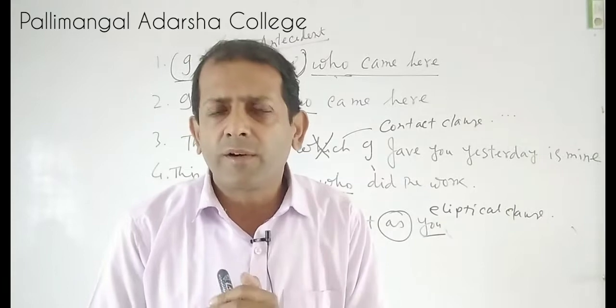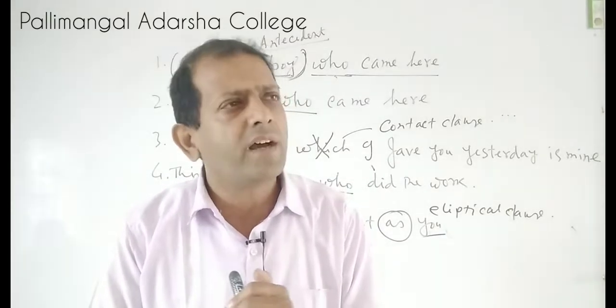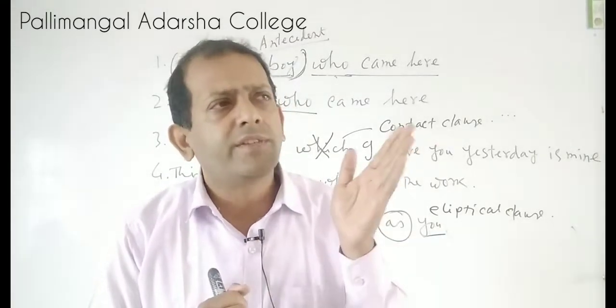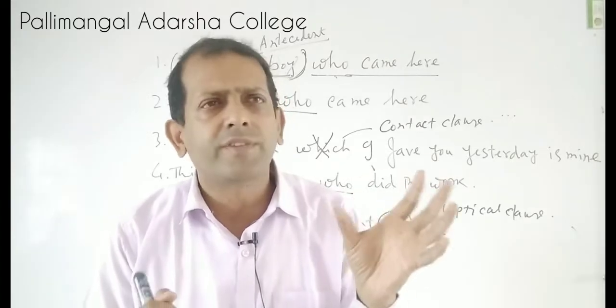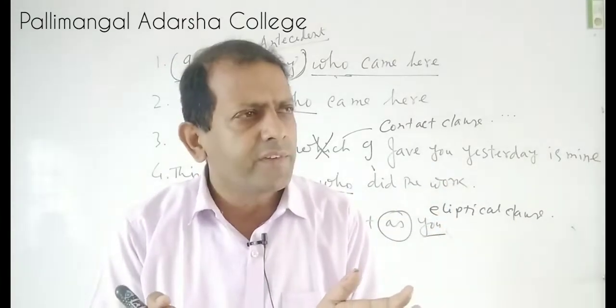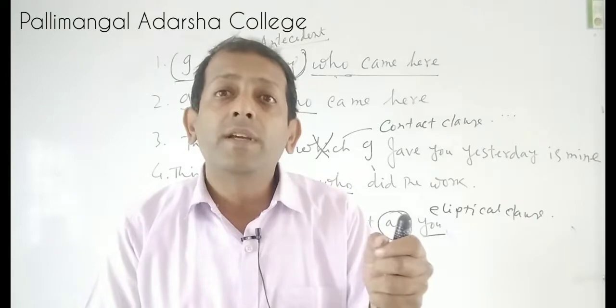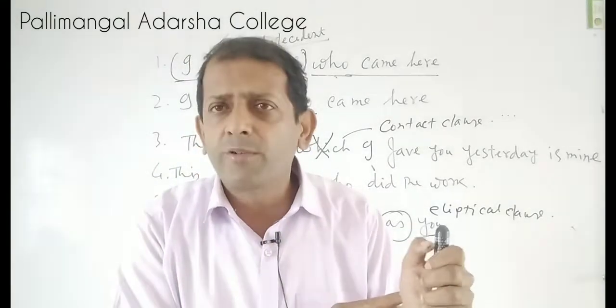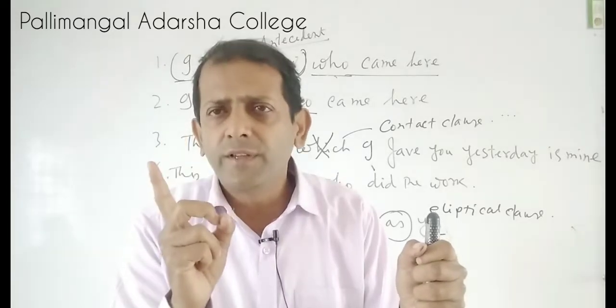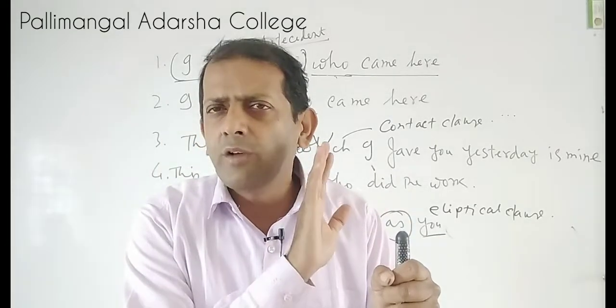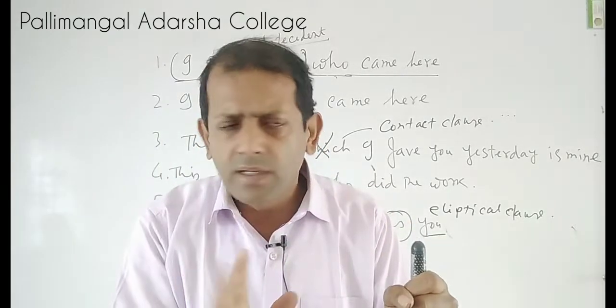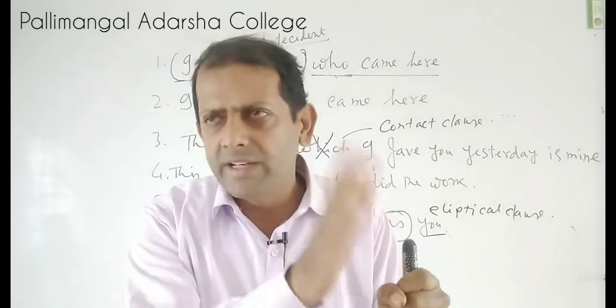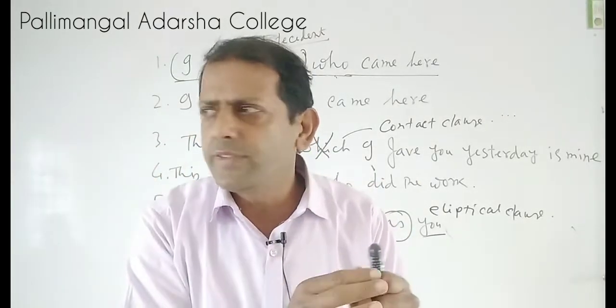I already have conducted a class on noun clause, where the noun clauses are actually used in sentences. And the difference between noun clause and adjective clause, I also have discussed. One very basic difference: a noun clause takes no antecedent, but an adjective clause must take an antecedent. This is the basic difference.